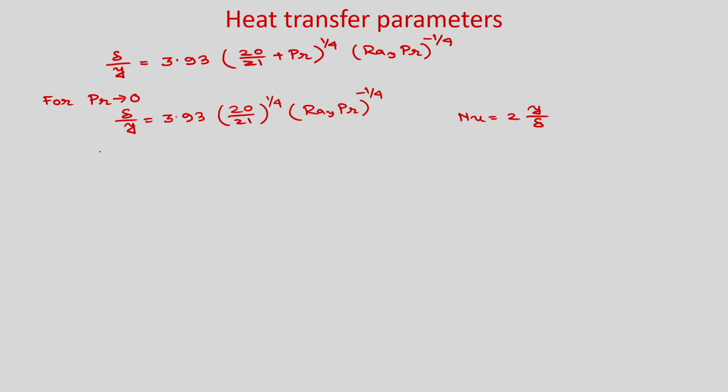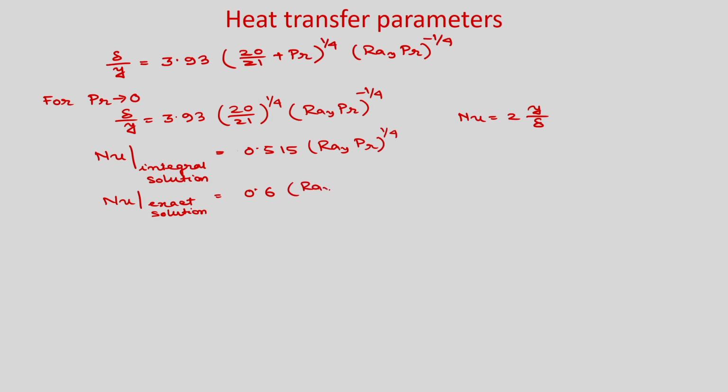If you put this expression, the local Nusselt number from the integral solution, after rearranging, you will get 0.515 Rayleigh number into Prandtl number to the power 1 by 4. And if you remember this Nusselt number from the exact similarity solution, we have written 0.6 Rayleigh number into Prandtl number to the power 1 by 4.